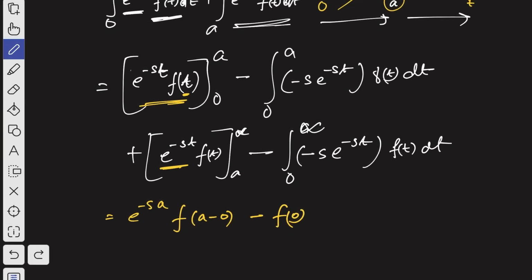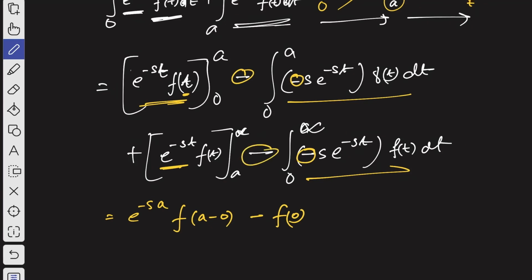Then you can recombine these two, and here you see this minus will be plus, and this minus into this minus will be plus again.